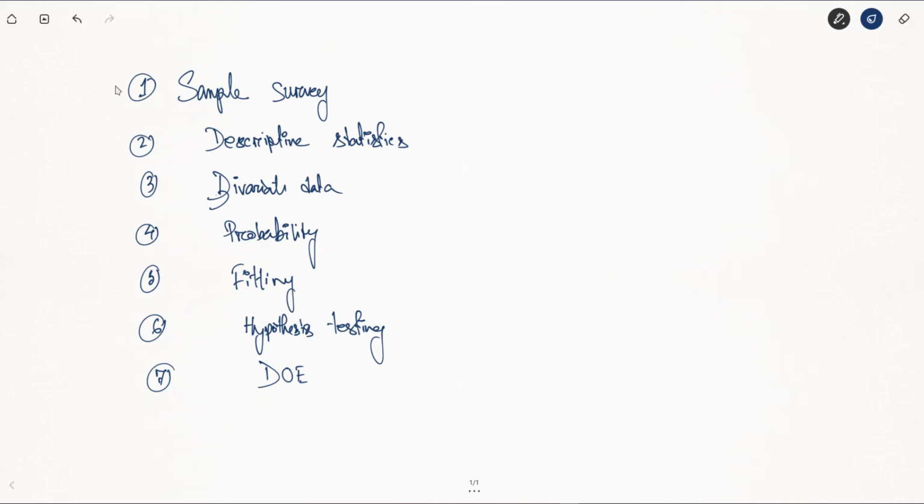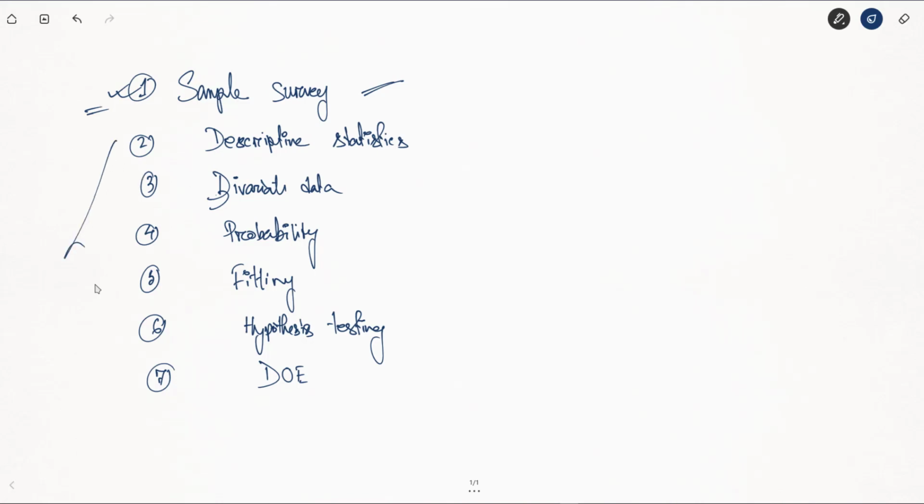We will start obviously from sample survey. There is nothing mathematical in this topic. This is completely theoretical. We will have to understand certain terms, how these are done, etc. So basically these are all definitions and theories behind them, nothing mathematical in this unit.